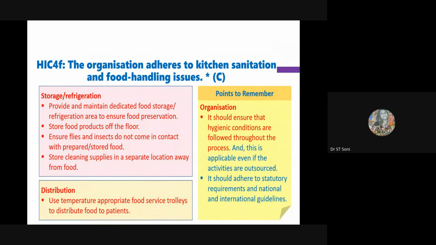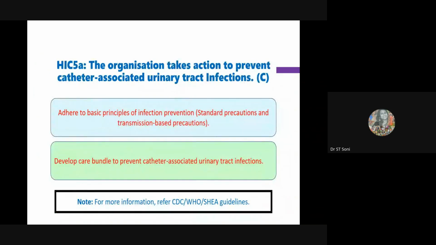The dry store, how they are storing the dry items, it refers to the FSSAI guidelines. So any kitchen should have an FSSAI license. Temperature controlled food trolleys should be used for the distribution of temperature sensitive food.